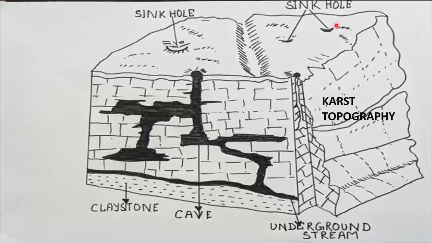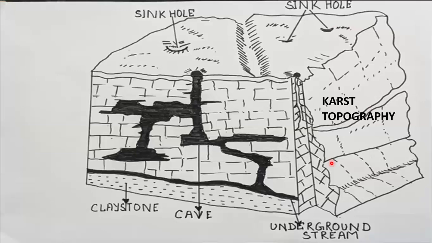Hello everyone. Today we will be studying about karst topography. Karst topography usually forms in regions where rainfall is in abundance and the bedrock consists of carbonate-rich rocks such as limestone, gypsum, and dolomite.